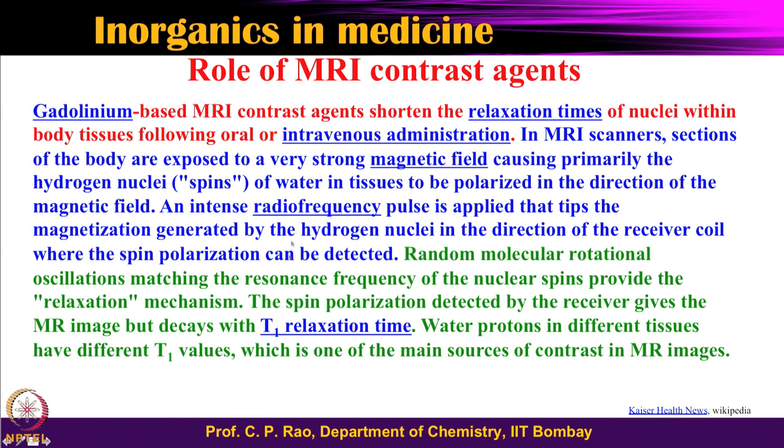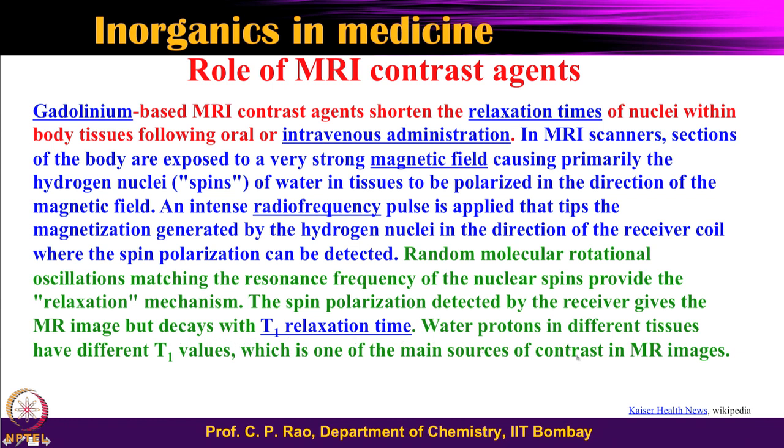When you have a system in random molecular motion, when these oscillations, movements or rotations match with the resonance frequency of the nuclear spin, then you will see that there is a relaxation happening. So, the spin polarization detected by the receiver gives the magnetic resonance imaging but decays with the T1 relaxation time.